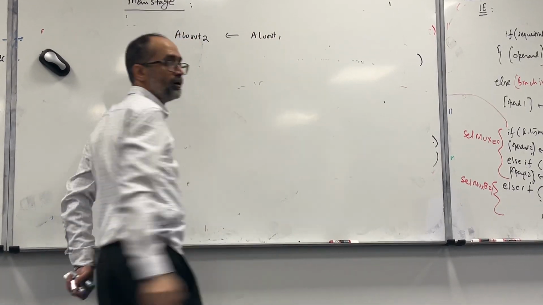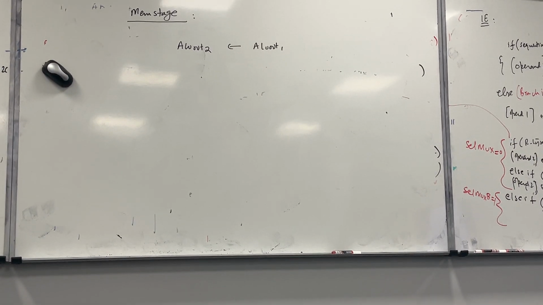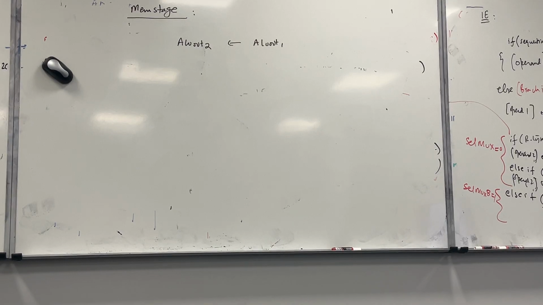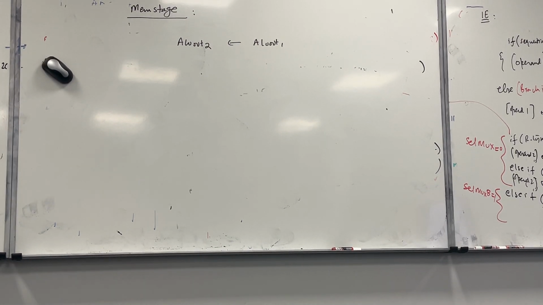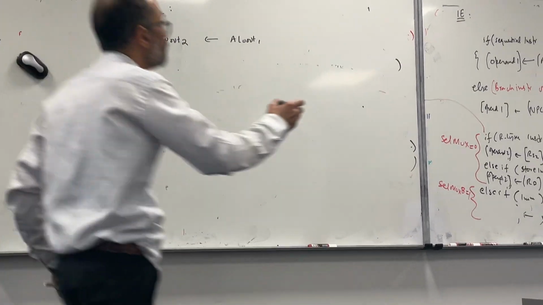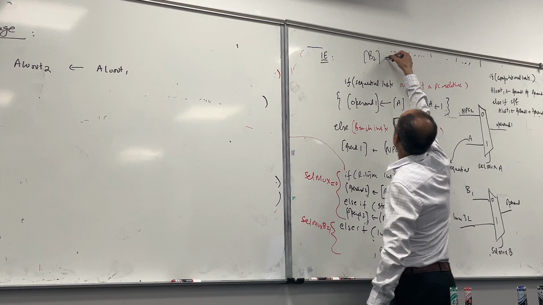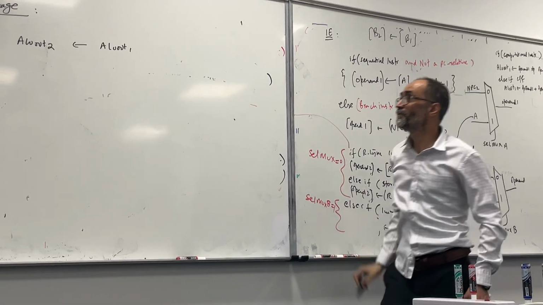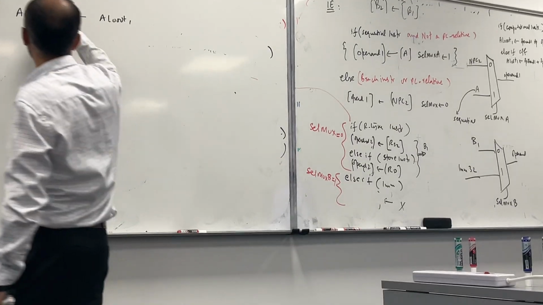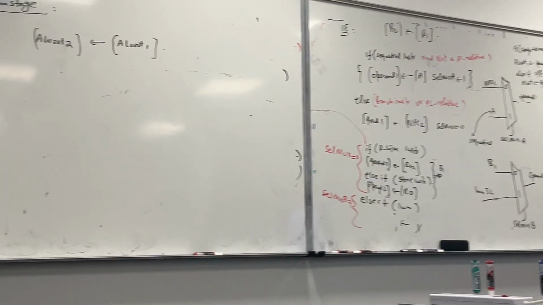This is ALU out 1, this is ALU out 2. In the execute stage, this is my B1 and this is B2. What is the value of B2 in the execute stage? Help me. B2 will be the same thing as B1. ALU out 2 will be the same thing as ALU out 1.